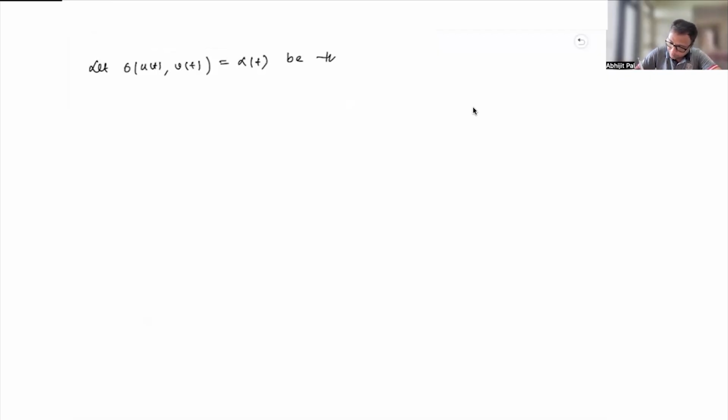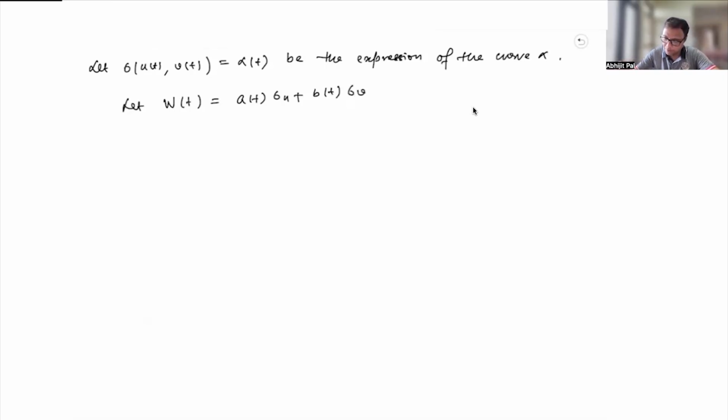So this be the expression of the curve alpha, and let capital W(t) be equal to a(t) sigma_u plus b(t) sigma_v. So sigma_u and sigma_v are my tangent vectors of the tangent plane at the point alpha(t).